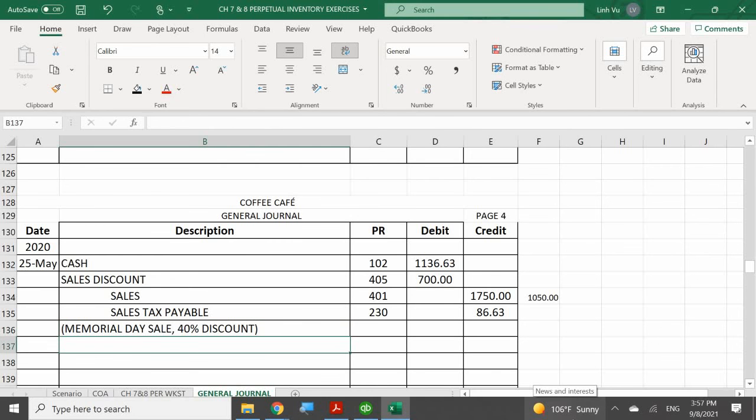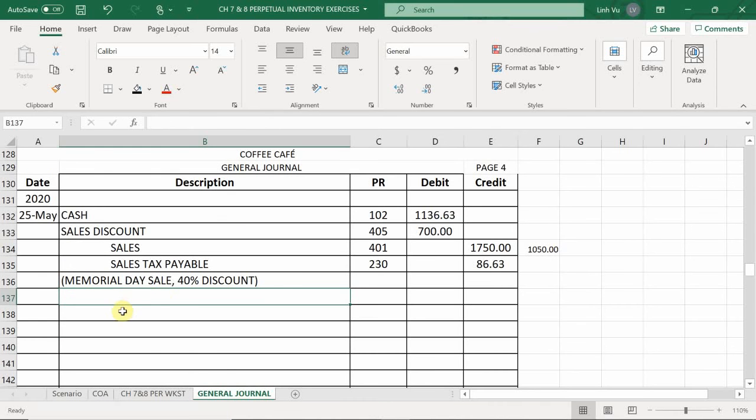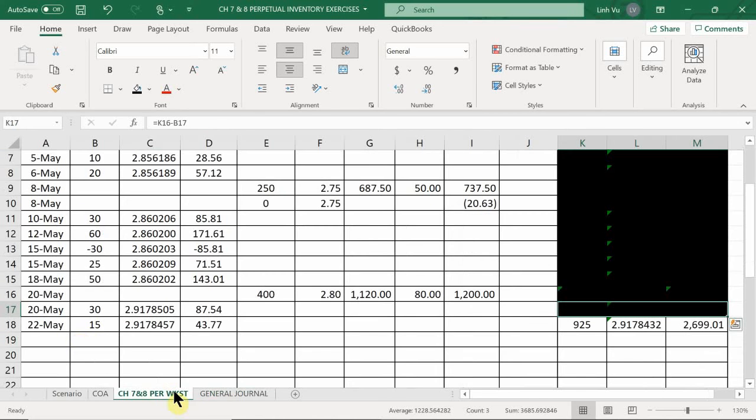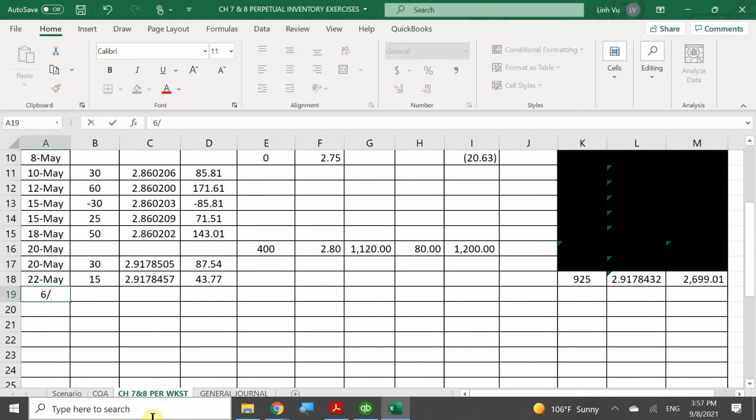Good. So in this case, I sold 175 mugs. So I also need to recognize the cost of goods sold, and I need to take it out from my inventory. Let's figure that number out. It is $5.25.